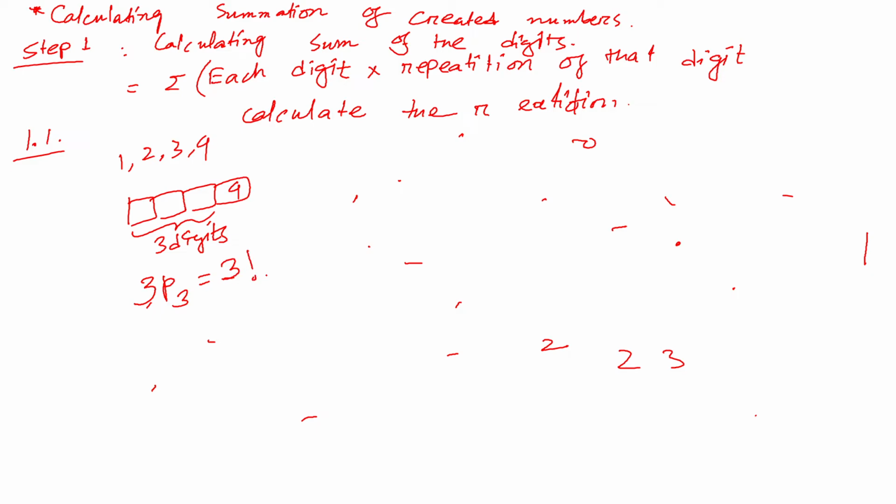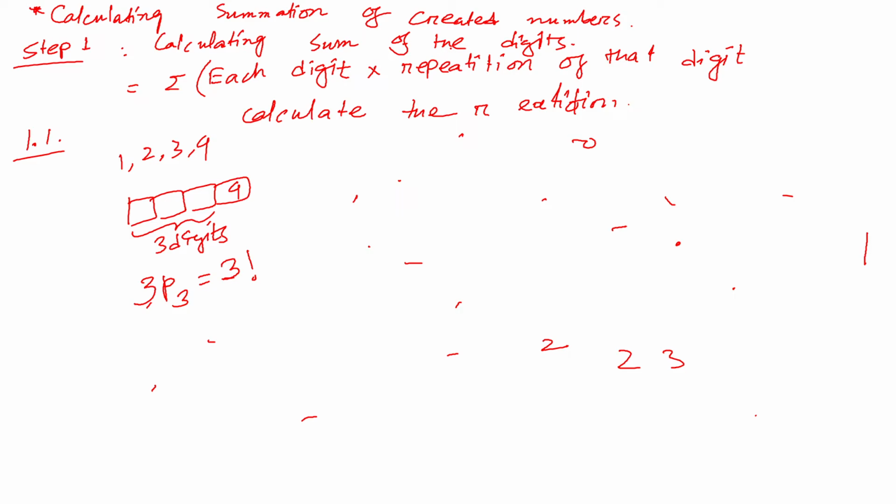That is why I previously said it will be n minus 1 factorial. But notice the two examples I gave you, all of them were 4 digits given and 4-digit numbers. That is why it was becoming 3 factorial. But considering 3p3 or maybe 4p2, that is more appropriate. So that is why I said each digit times the repetition of that digit, times 1.